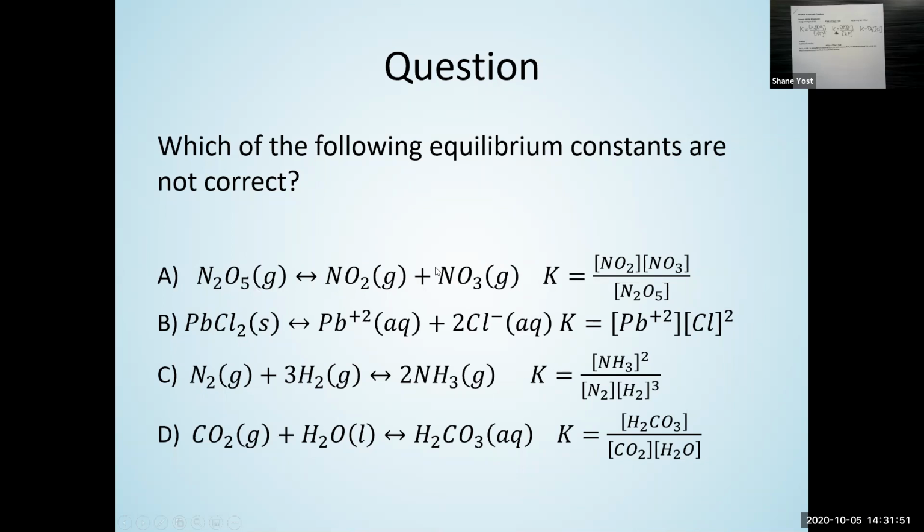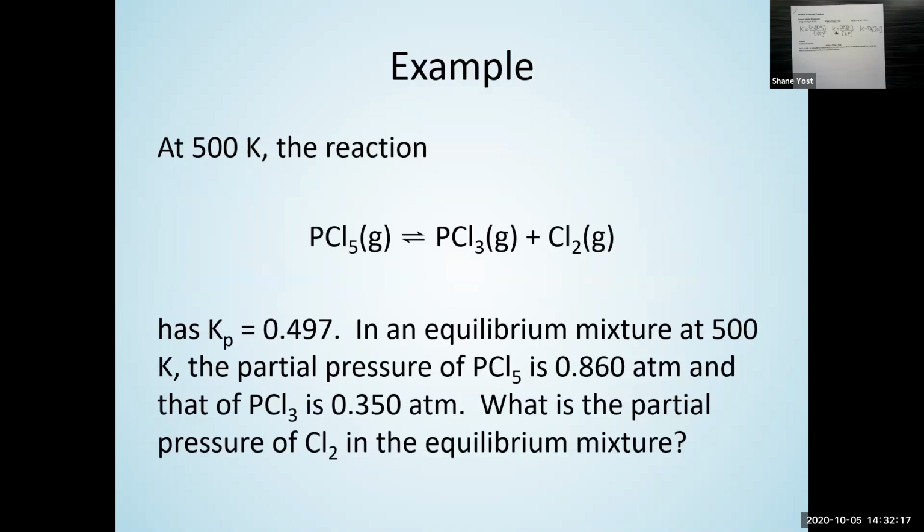When you reach equilibrium, the ratio of NO2 times NO3 divided by N2O5 will always be the same. Now that ratio is different than the ratio for the reactions in B and C. So each equilibrium has its own equilibrium constant expression, which has its own numerical value, and again, it's independent of your initial values.